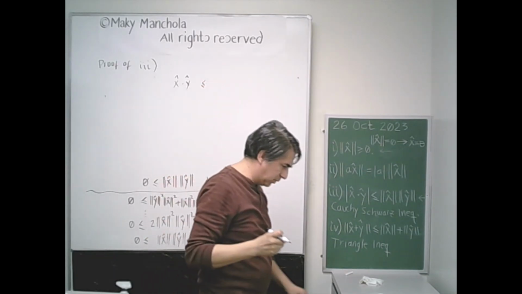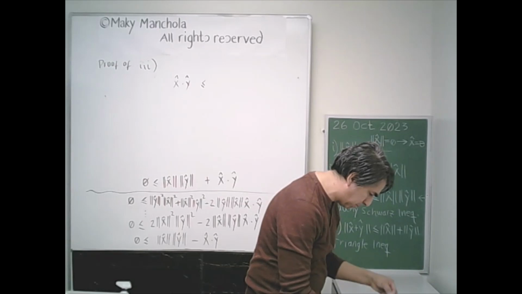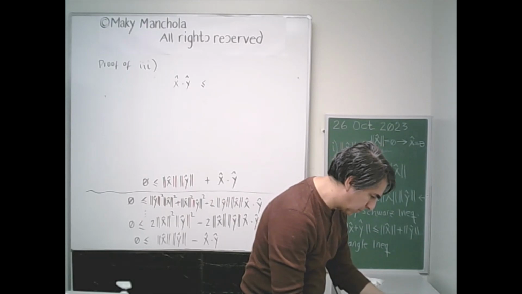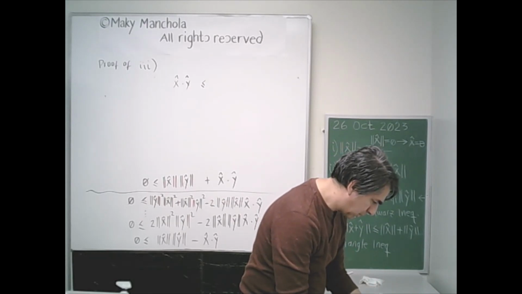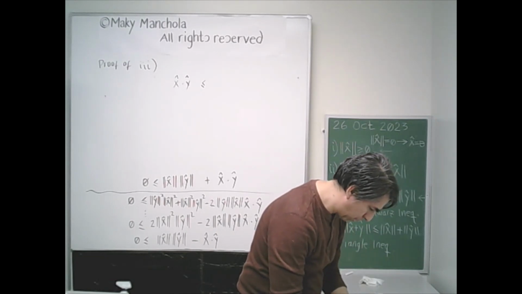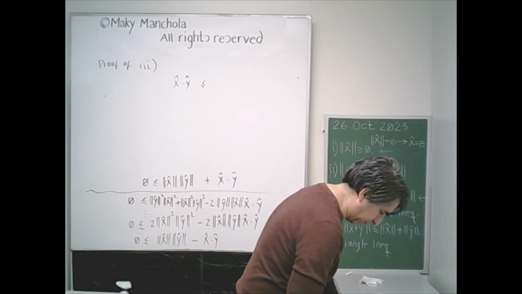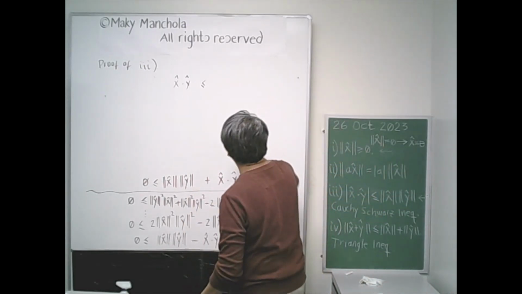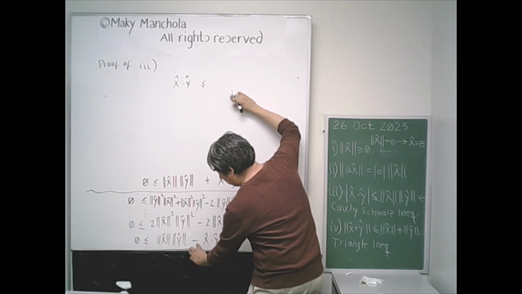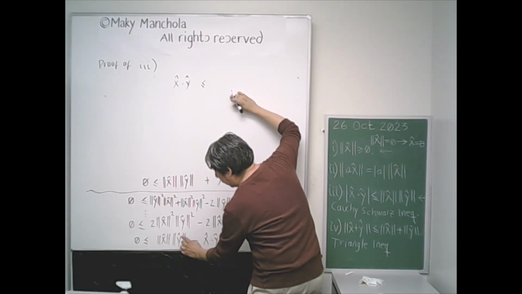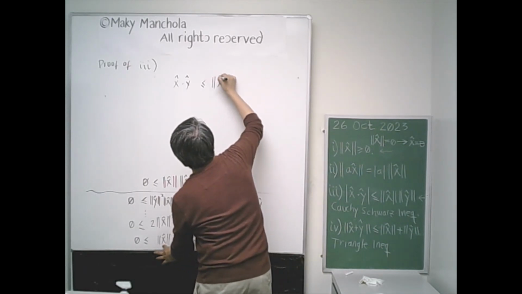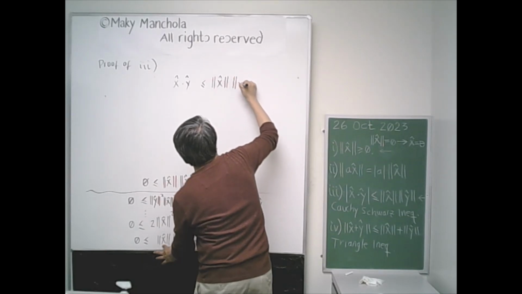Let me see if that's what I want to do. Give me a minute, please. Yes. All right. So that's what I want. So I moved this expression to the left, so it became positive. So x hat dot y hat is less than or equal to the norm of x hat multiplied by the norm of y hat.